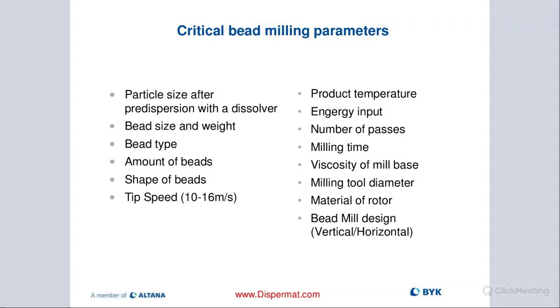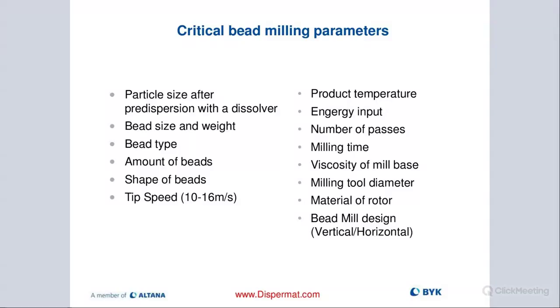So always look that the chiller has at least the same amount of energy output as the dissolver or the mill. The amount of energy we are putting into the milling process is very important.